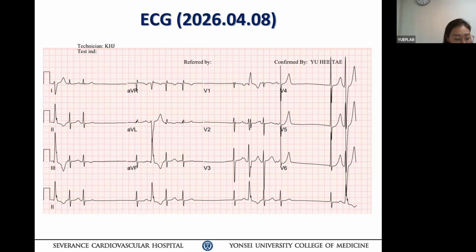Also there is no definite P wave preceding the narrow complex, so maybe that may be the junction. So you mentioned the wide complex rhythm, such as PVC. Yes. What evidence do you read it?